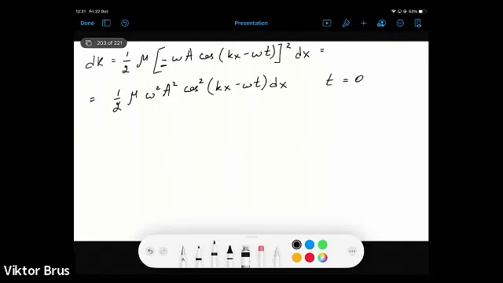Okay. So now let us get rid of time, assuming that time is equal to 0. We consider just some moment of time as an initial moment, t equals 0.